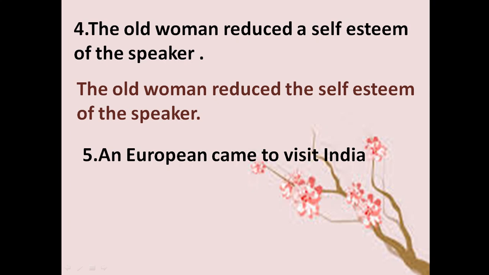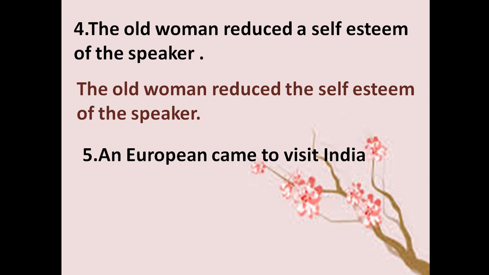See students, even if the letter is a vowel, the sound of this word is U. European, we say. So U is not a vowel sound here. You must go by sounds and not the letters. Whenever there is a vowel sound, we are supposed to use the article "an," not with just any vowel letter.